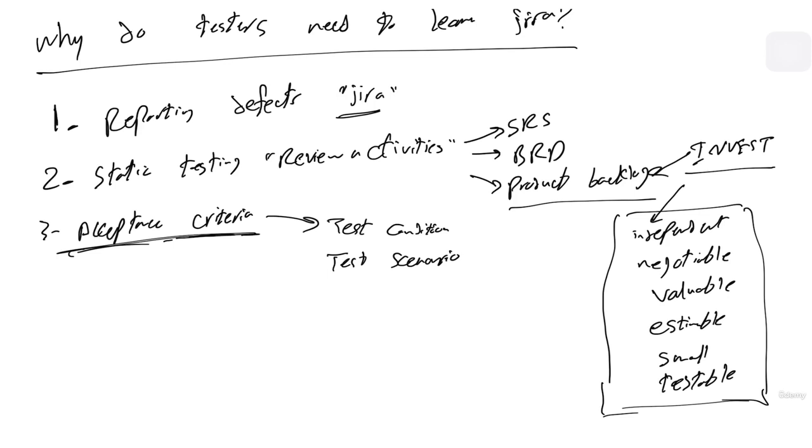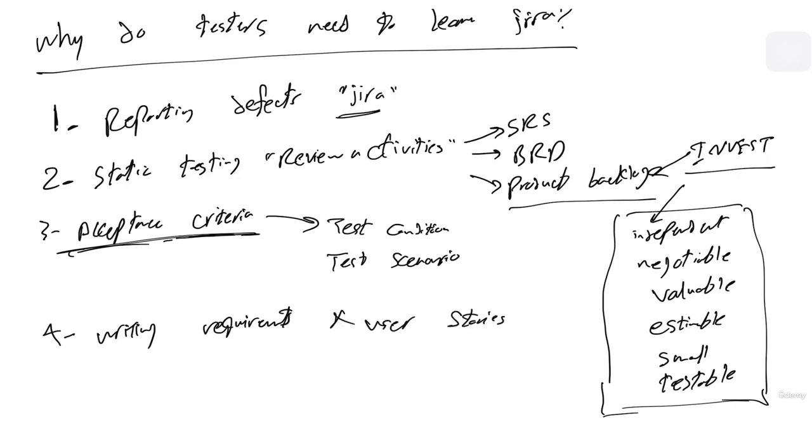Those are 3 main reasons to learn Jira. But there is a 4th reason, which is very important, and I saw it in many companies. In many companies, the most famous non-testing activity that testers perform is writing requirements and user stories.